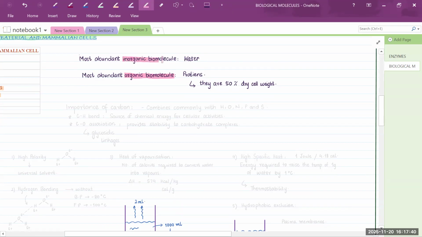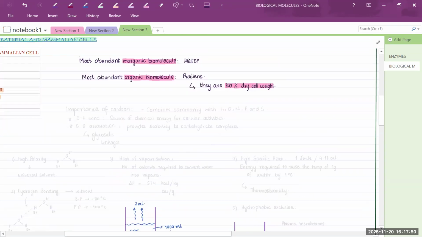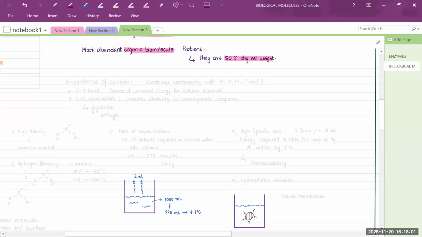Also, proteins constitute 50% of dry cell weight. It's a very important point that most times the MCQs come directly from this 50% of dry cell weight, and most abundant inorganic molecule.